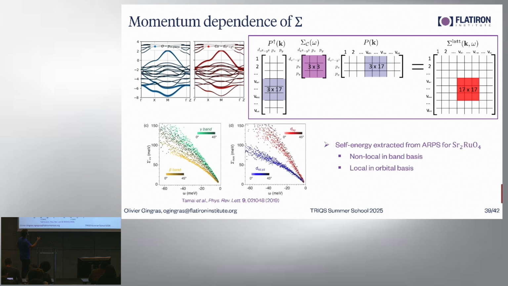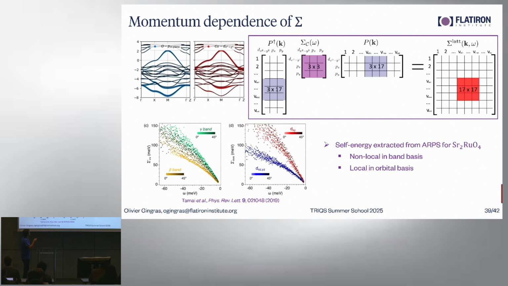And this is something you will see with Antoine tomorrow, that this is one of the features of DMFT, where this was shown in strontium ruthenate based on ARPES measurements. So it's nice to see that if you do ARPES, you can extract the self-energy in some way. When you extract it in the band basis, you see that the character of the self-energy is really non-local, depends on the angle a lot.